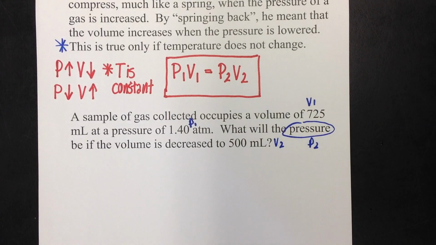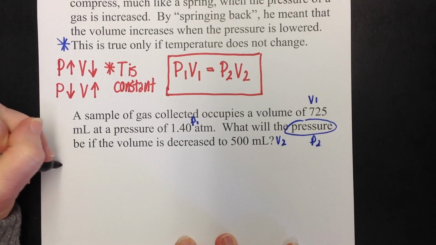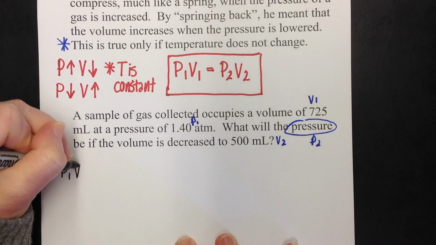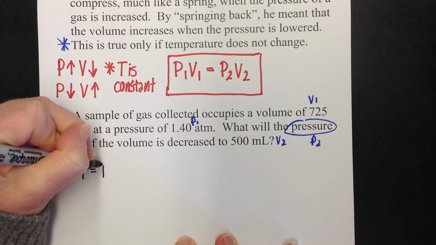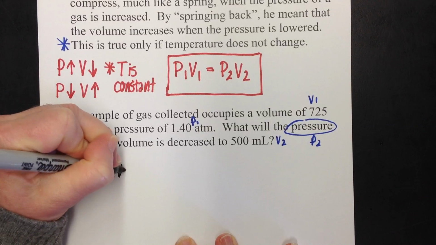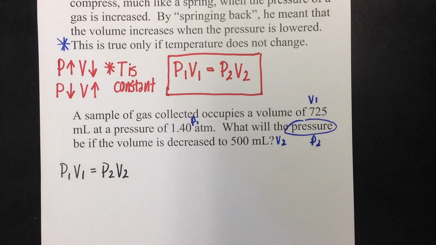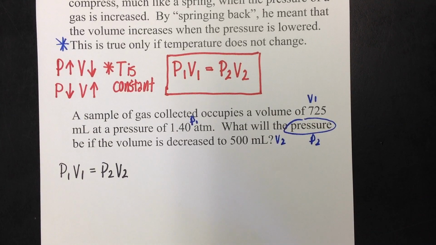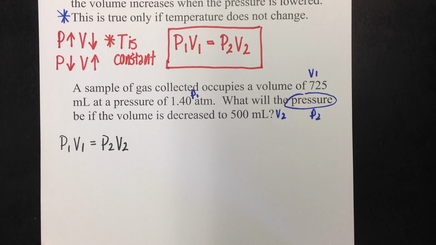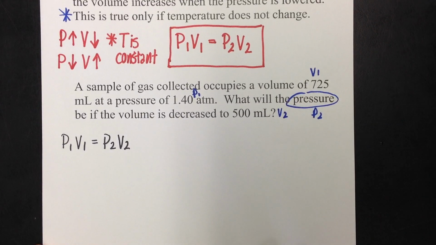So we know we have a Boyle's Law problem, so let's write the formula. It is P1 V1 equals P2 V2. Now, most students at this level are very comfortable with rearranging equations. Occasionally, I'll run into a student, maybe math is not their cup of tea, and they need just a little more help with it. It's fine.